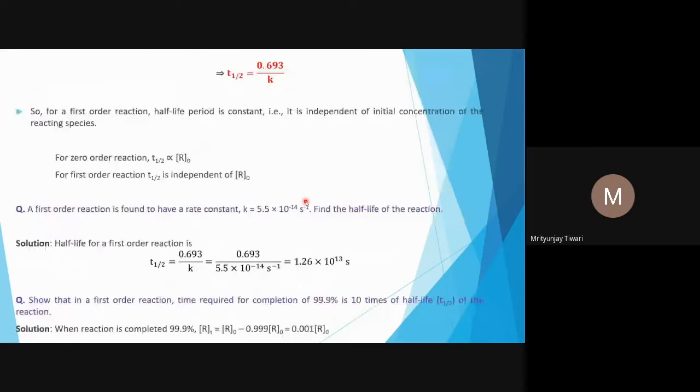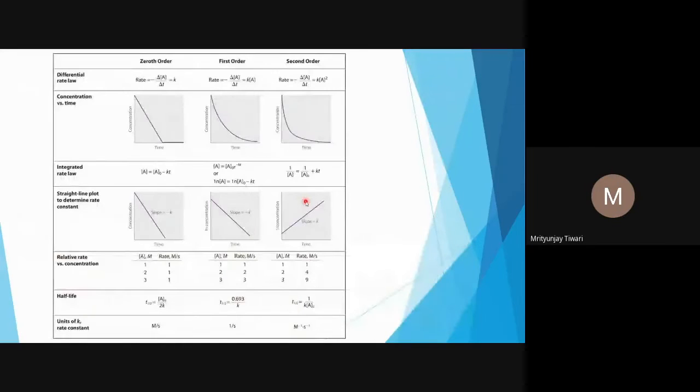So for the zeroth order reaction, there are many terms that may be confusing for you. For the zeroth order reaction, the rate is constant; the rate doesn't depend on the initial concentration. For the first order reaction, T half doesn't depend on the initial concentration. So these things you have to take care of.